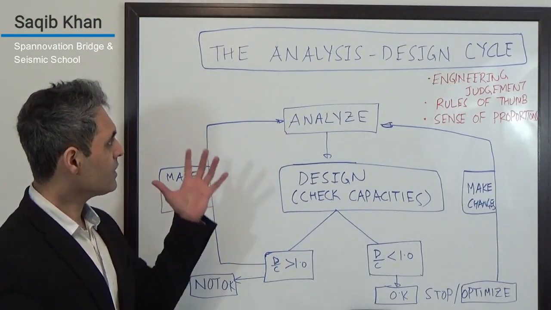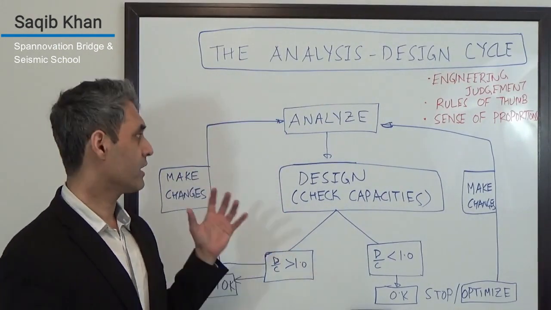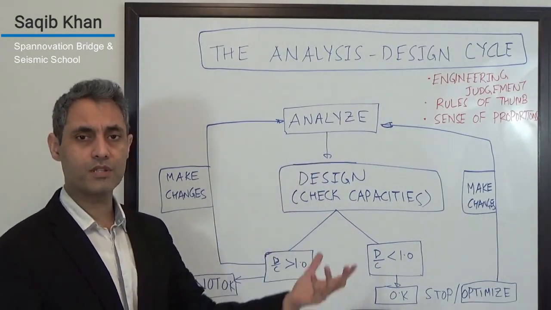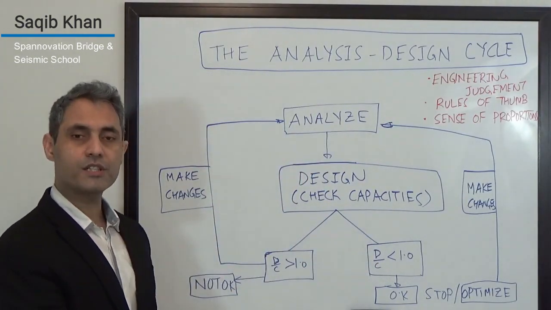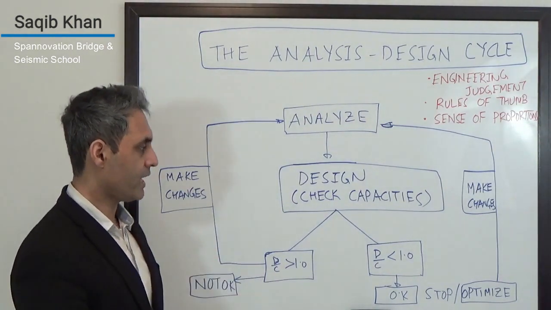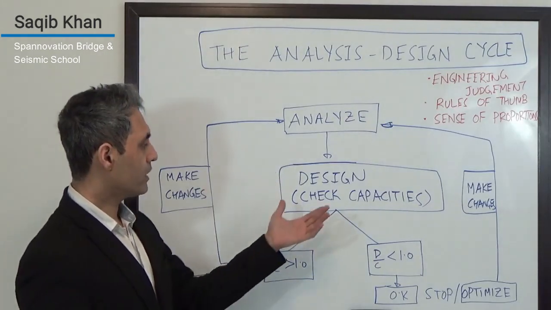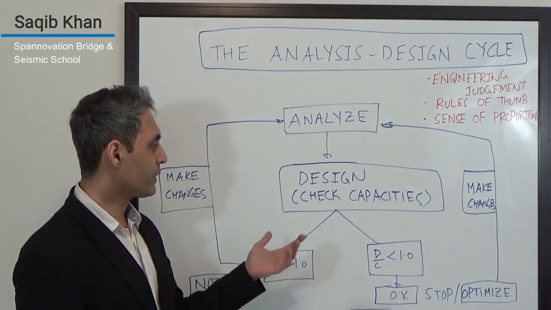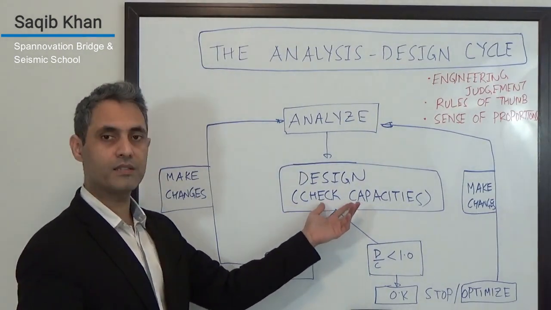So the way the analysis design cycle really works is we start with our analysis, whether it's by hand or we use computer software. We put our structure into it and we analyze for different load cases. We get the demands and then we go into designing. In a simple world, what that means is we're basically checking the capacities of the members.